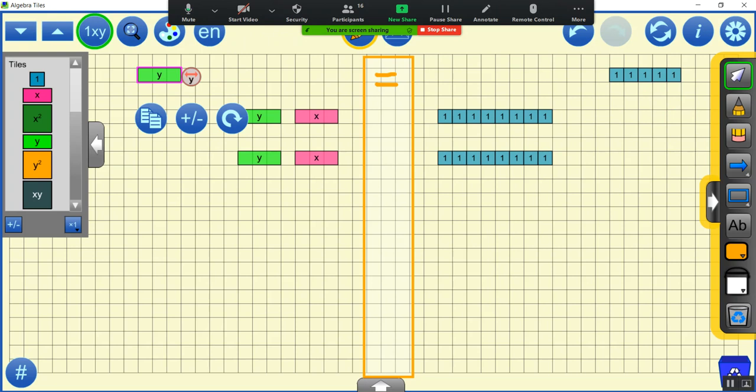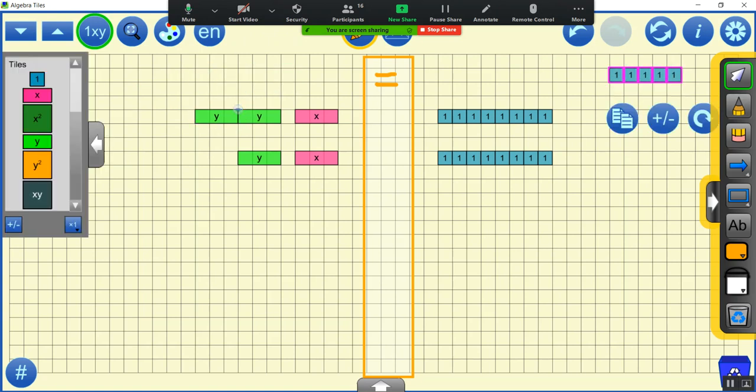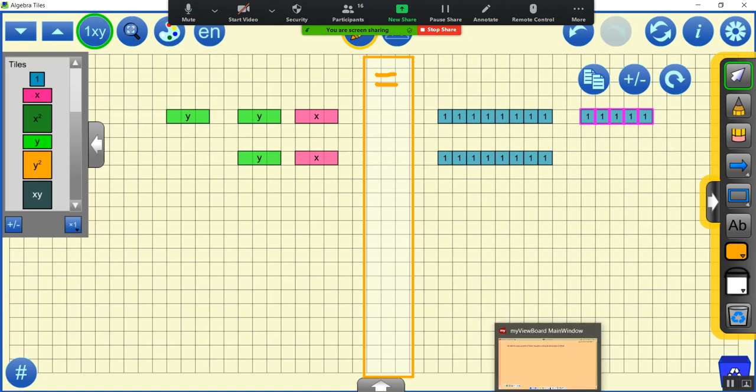Y plus x is equal to 8, y plus x is equal to 8. But if I add an extra y in and I add an extra 5, I can look at the difference between those two and say, all right, well, the difference on this side is a y, and the difference on this side is 5. Therefore, the y must be the 5. It has to be. Okay, so that's the philosophy that we're looking at. We're kind of trying to find the difference. Does that make sense? Any questions on that at the moment?